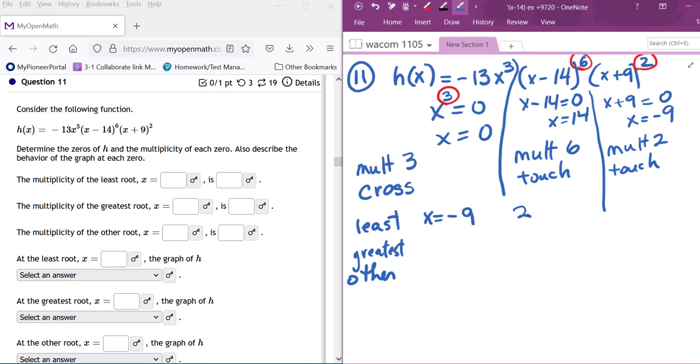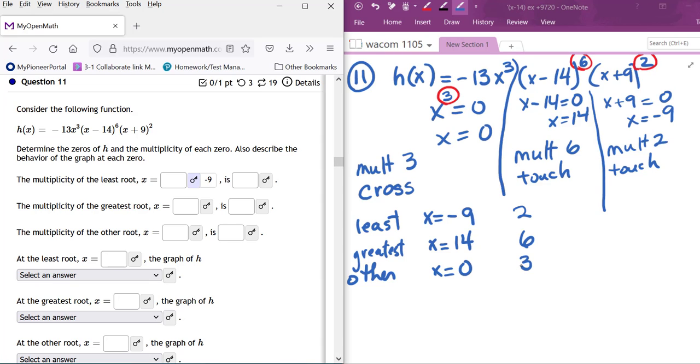The multiplicity of the greatest root, our greatest root is going to be 14, and it has multiplicity 6, and the other root will be 0, and it has multiplicity 3. So we can just double check here. Negative 9 is 2, 14 is 6, and 0 is 3. So we're good there.